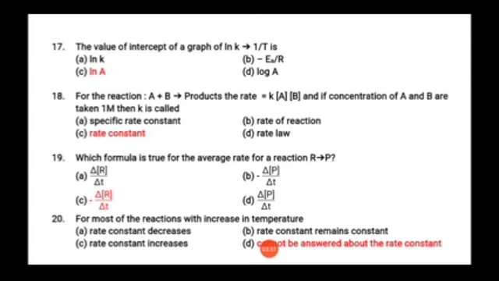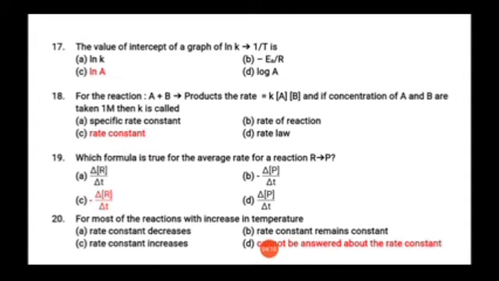Our four options are specific rate constant, rate of reaction, rate constant, and rate law. But we all know that whenever differential rate law is given, then in the differential rate law, k is always rate constant. So the correct answer is option number C, that is rate constant.